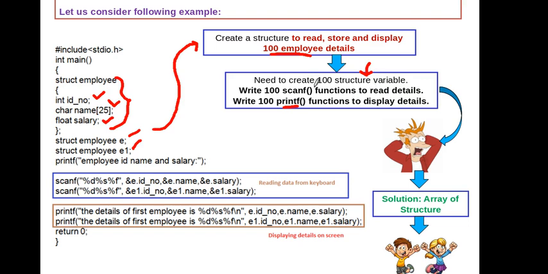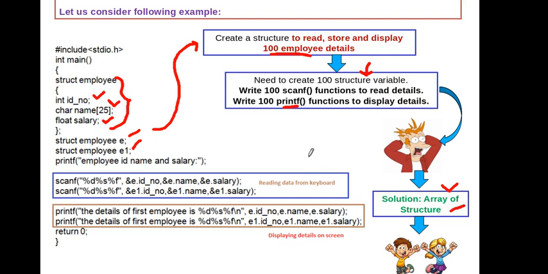And here the same statement is repeated 100 times for reading and for displaying the information of 100 employees. This increases the length of the code, and it is tedious. So the solution is the concept of array of structure, right?